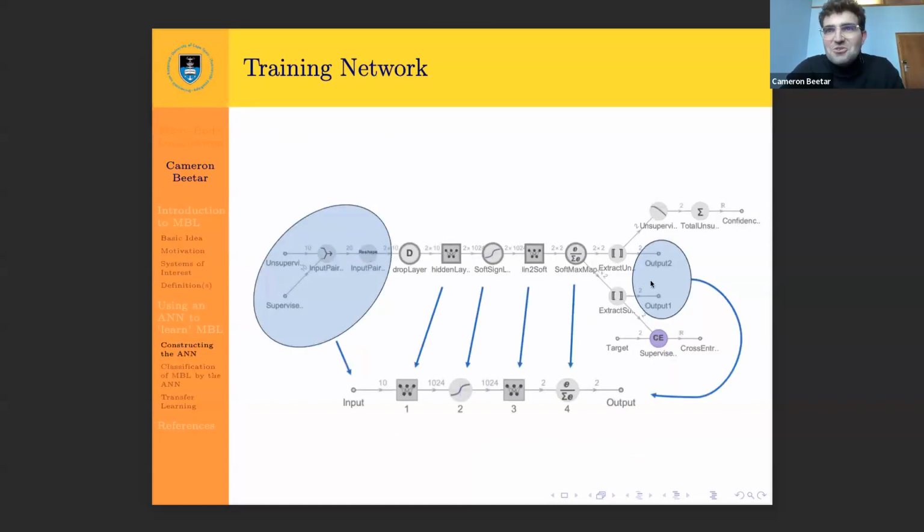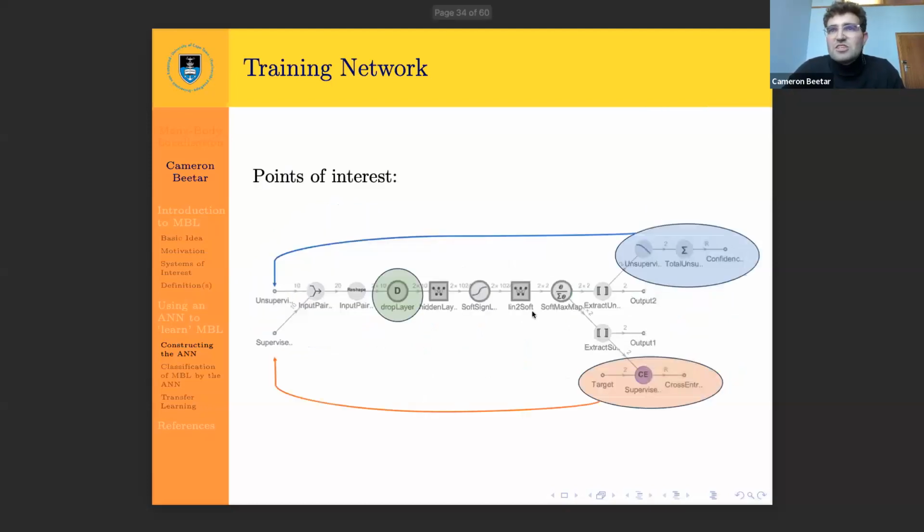I've done that for you here, but there's still a bunch of things which aren't accounted for. I've got something called a drop layer here, and this region here that looks unsupervised and something that looks supervised. What do these things all do during training? I'm going to try and explain these points of interest so we know why they're there and why we remove them in future.